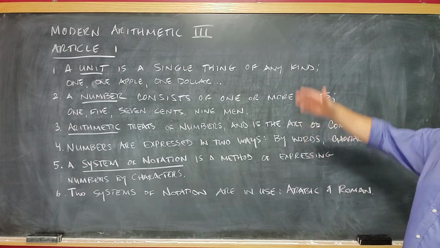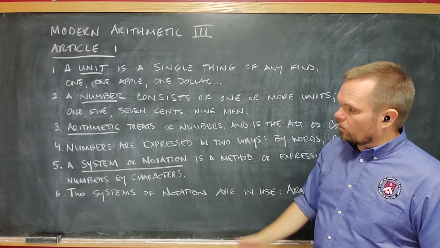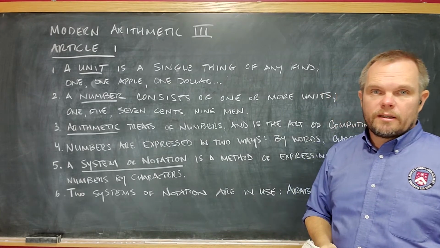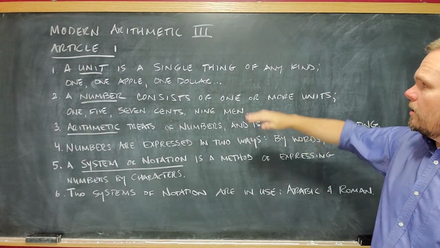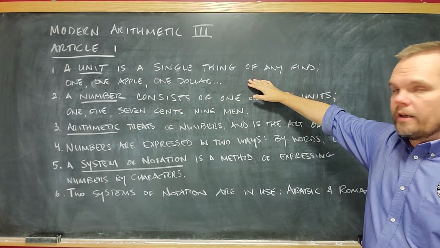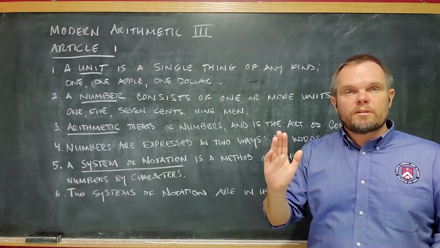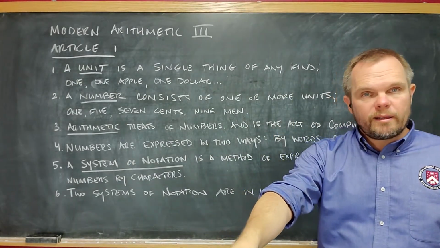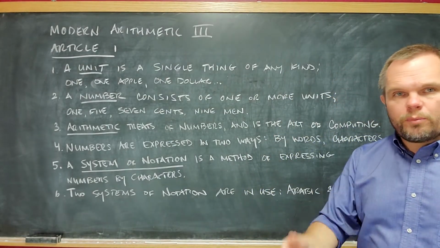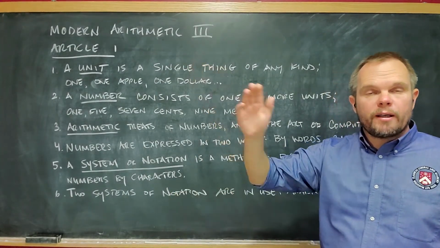Okay? So, to review this lesson, this is all in Article 1, our first lesson in Modern Arithmetic 3. We learned that a unit is a single thing of any kind. Anything that you can say, that's one thing. One book, one pen, one eraser, one car, one bird.